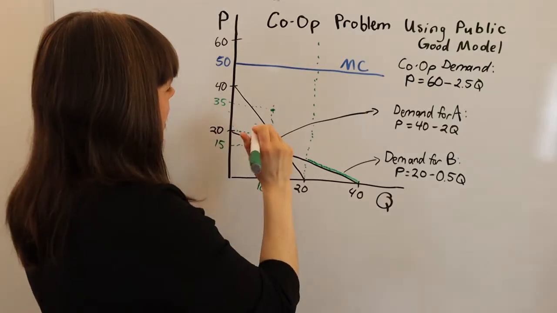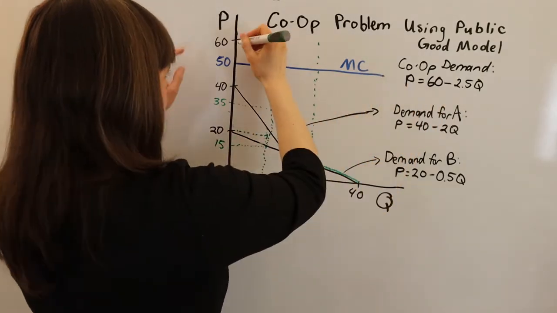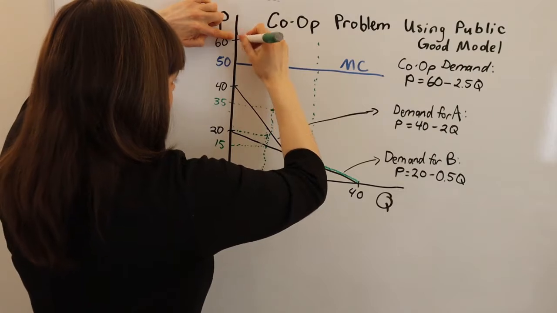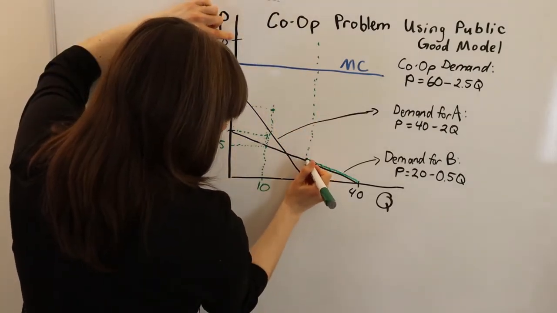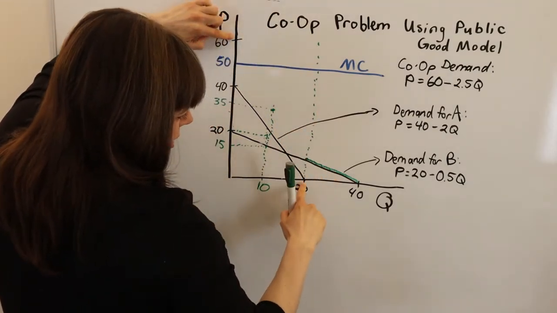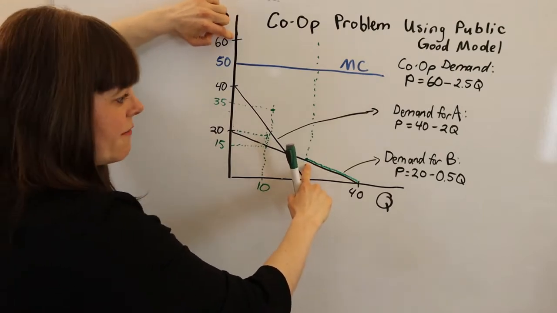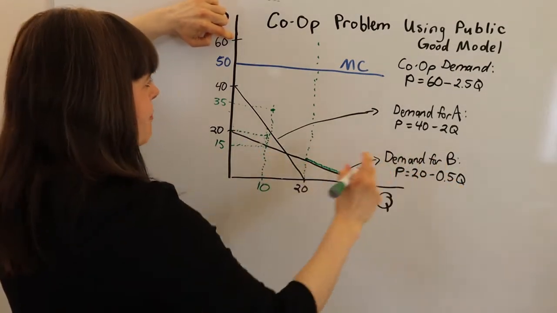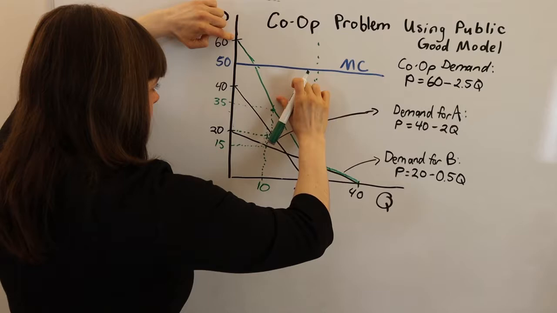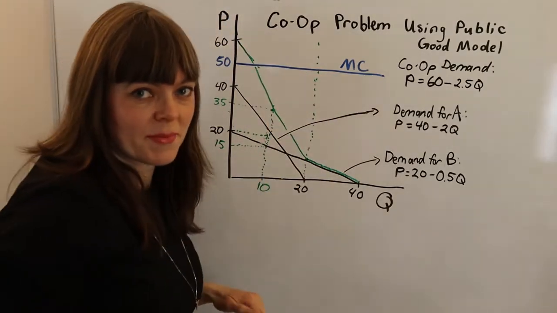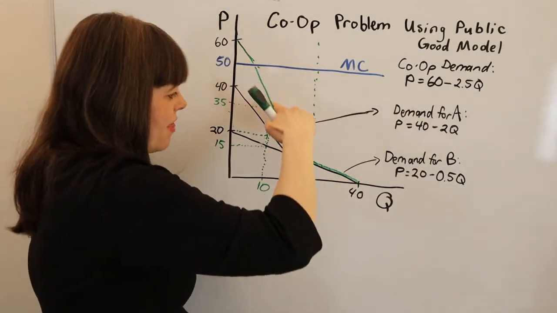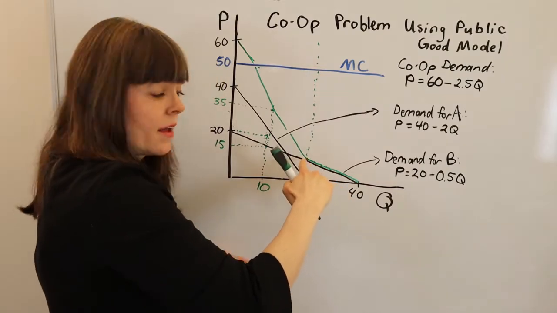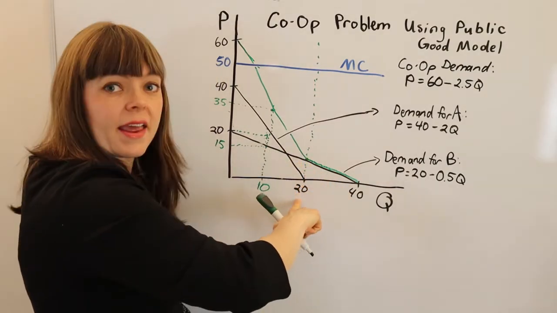And we know the way this is going to work is we're going to start with a slope up at 60, and we're going to go down until we reach the point where the only demand left is from firm B. Okay, so the total demand is represented by this curve with a kink when firm A exits.